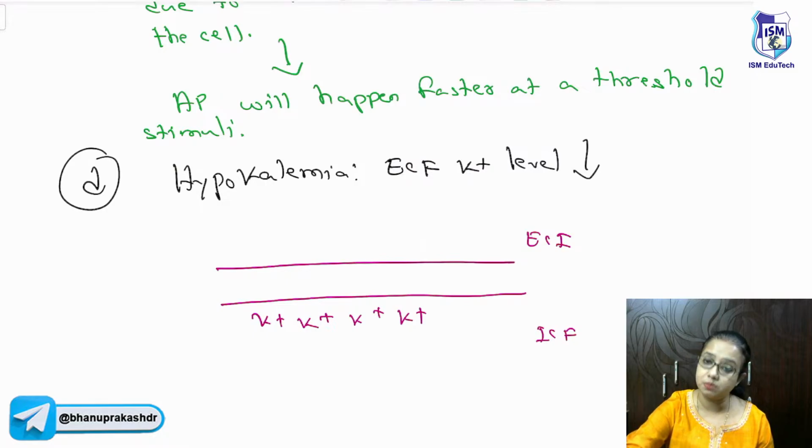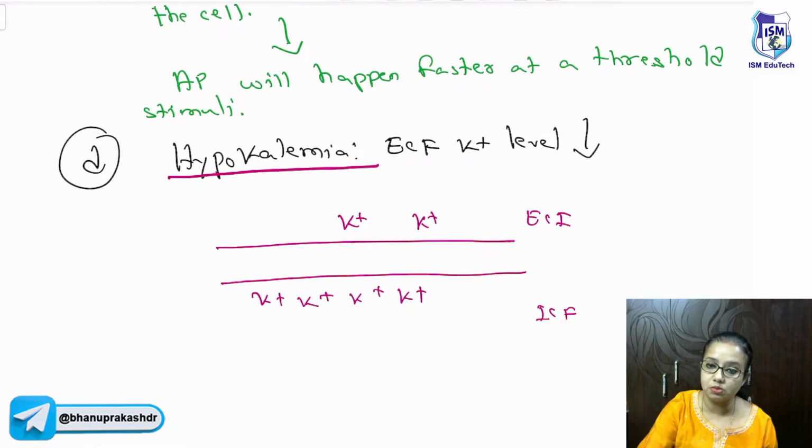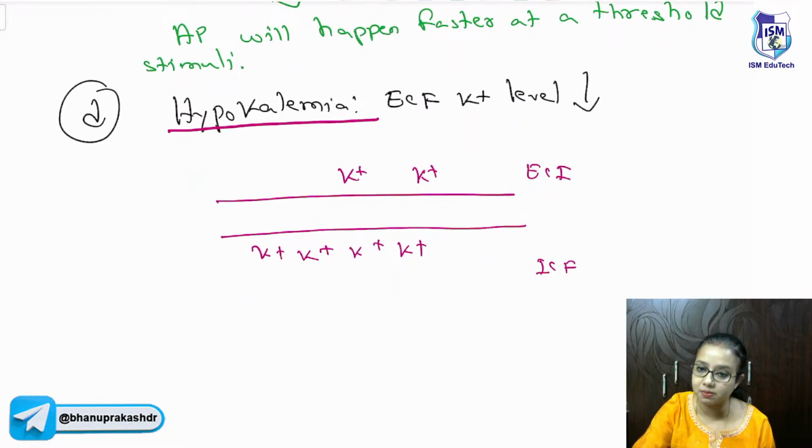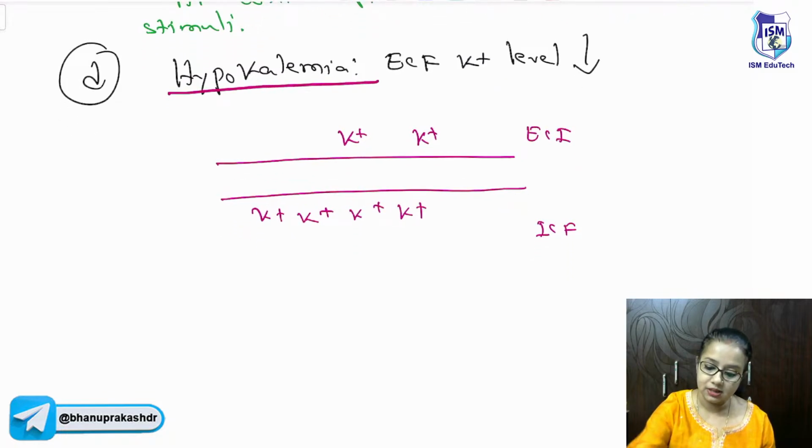Now, in case of hypokalemia, this concentration drops even further. It becomes even less. So when it becomes even less, what will happen? Then there is even less positive charge outside compared to the inside, right?